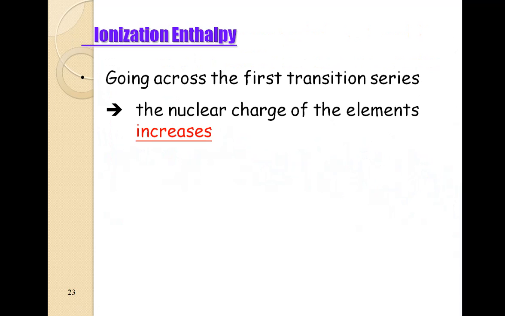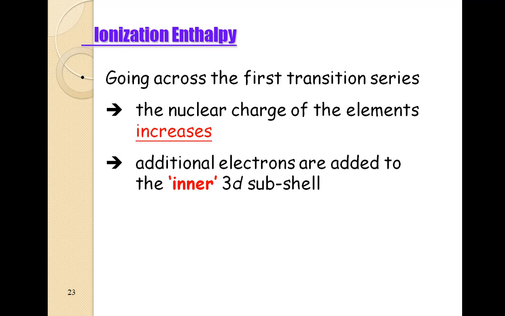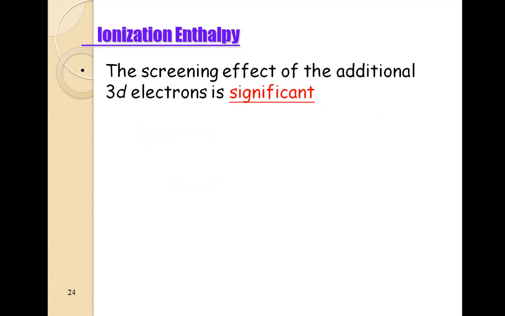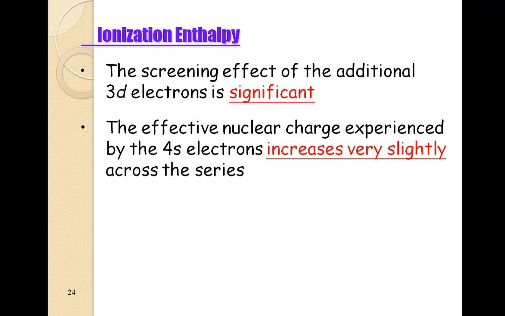Why is it so? Going across the first transition series, the nuclear charge of the elements increases. Additional electrons are added to the inner 3d subshell, and the screening effect of these additional 3d electrons is also significant.